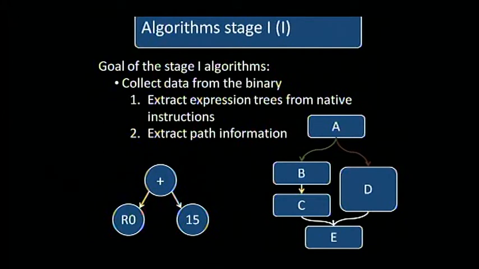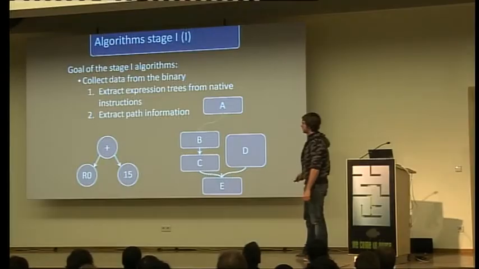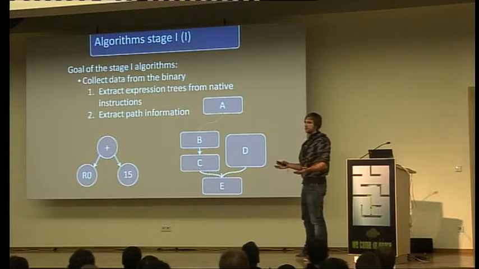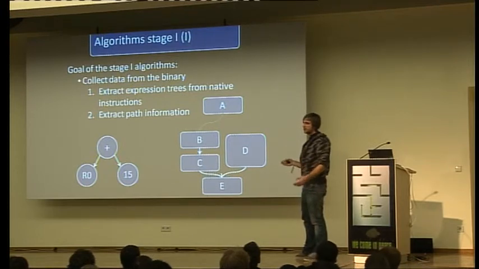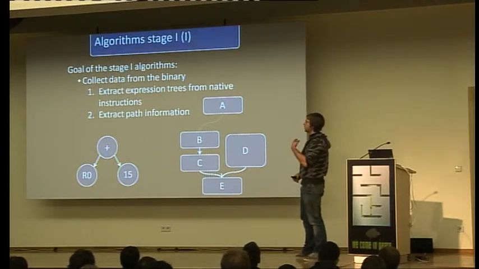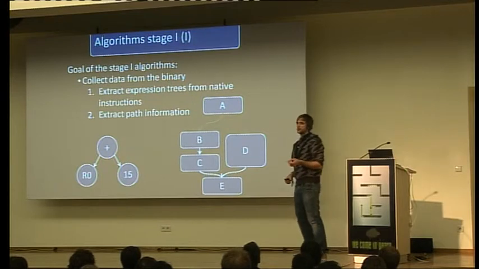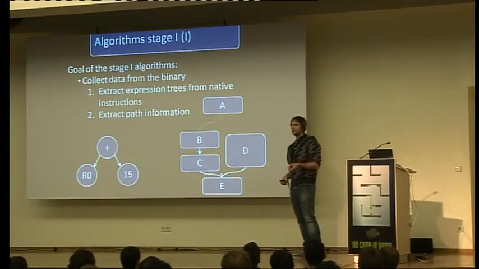Native instructions means, for example, an addition or something in x86, ARM, MIPS, whatever assembly language. A basic expression tree looks like this: if you have an addition of a register plus an integer value, then all the leaves of the tree are actually operands, and all non-leaves are operators.